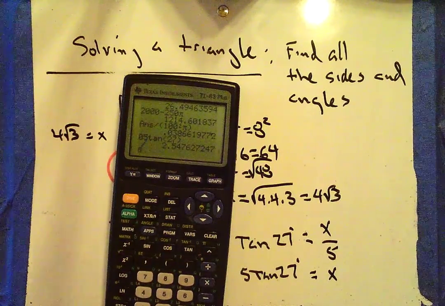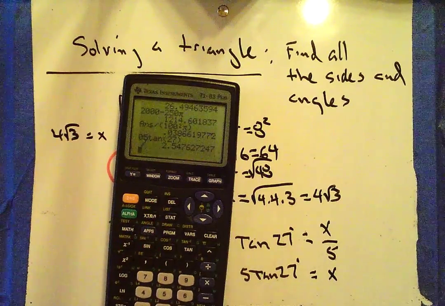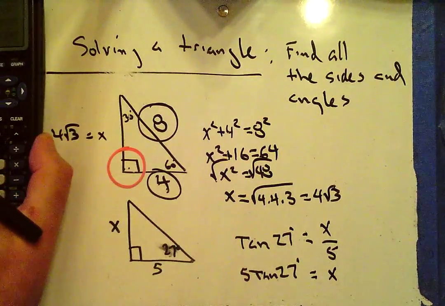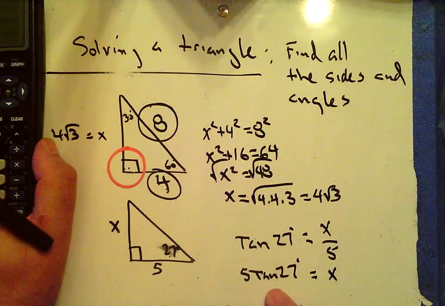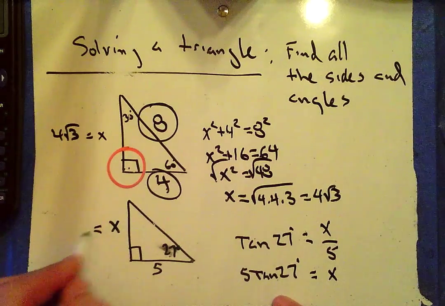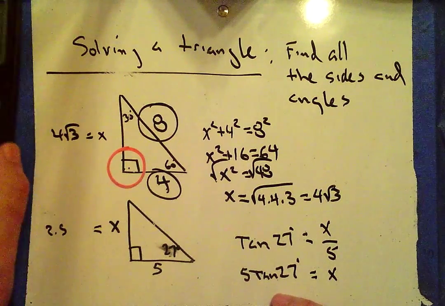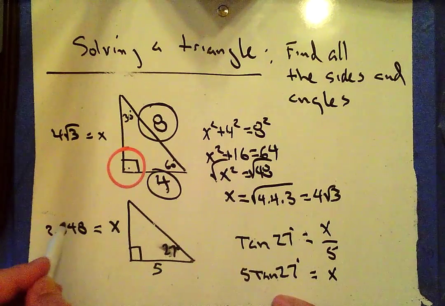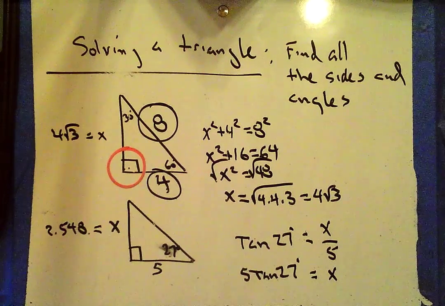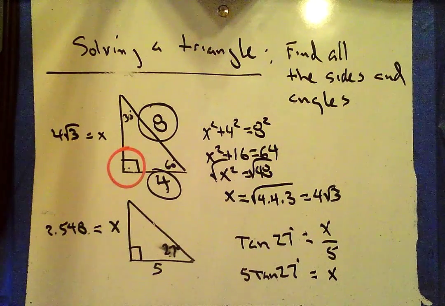So I would switch my calculator to degrees. And so I can solve for x by multiplying both sides by 5 and then doing 5 tan 27 in my calculator. 2.548. Remember always to round your answers to 3 decimal places. Okay, so that's right triangle trig.